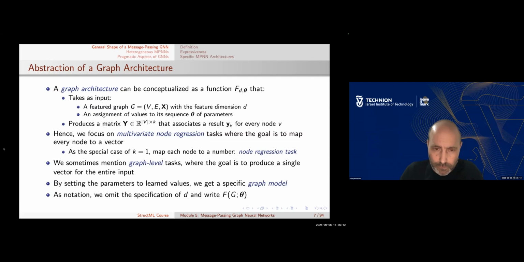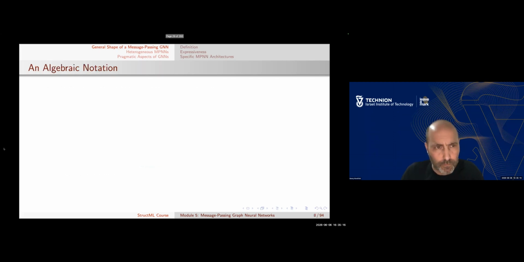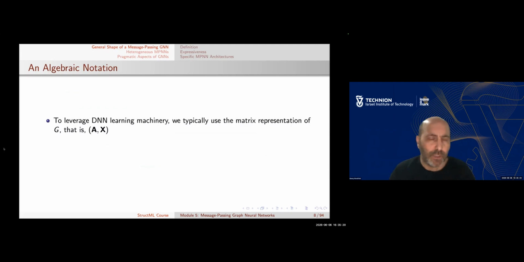It will be convenient to look at these representations of MPNNs not as operating on graphs, but rather on the usual objects of machine learning, like matrices.